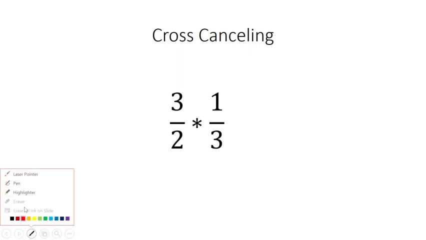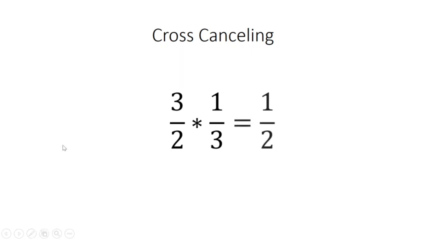Of course, the first thing we're going to look at is cross-canceling. So for this, you've got 3/2 and 1/3. Really all that you're going to do is cancel out your 3's, leaving you with 1/2.